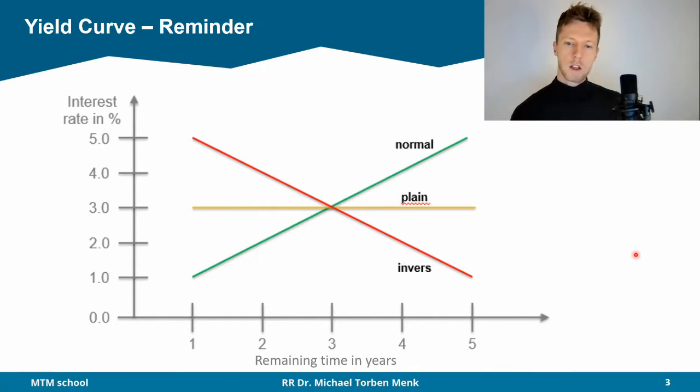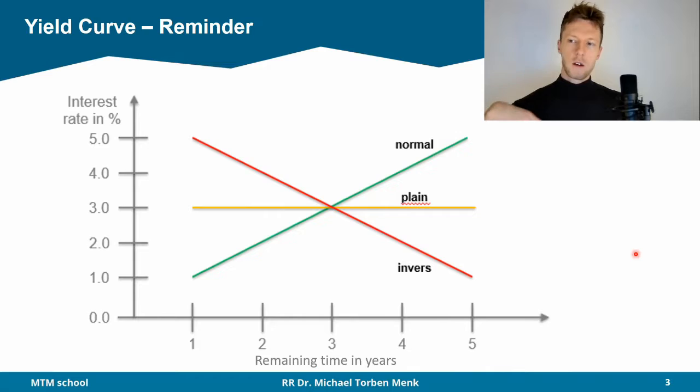So we could also interpret what I already said. The interpretation would be that the longer a contract goes, the longer the money is bound to the contract, the higher the interest rate has to be.